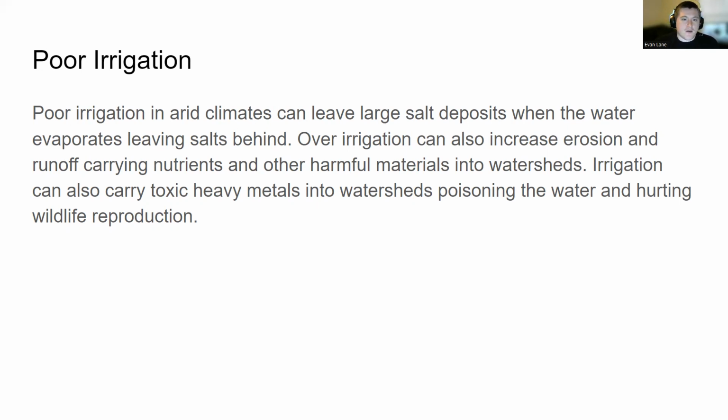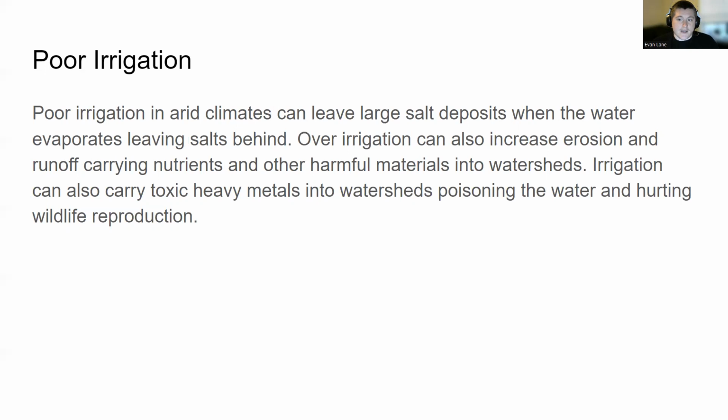And these salts contain a lot of metals, nutrients, things like that, and they can get removed by irrigation. Over-irrigation also increases erosion. When you're adding too much water to your plants, that carries a lot of soil off, and that carries the same nutrients and other harmful materials into watersheds.